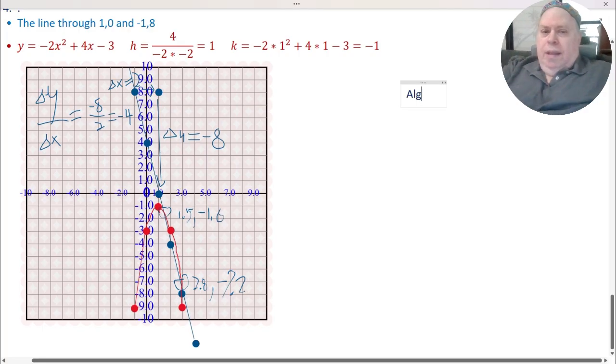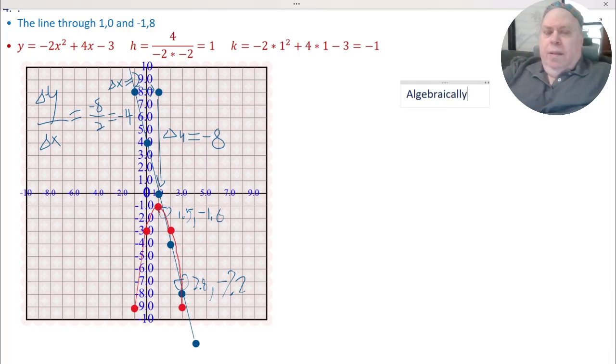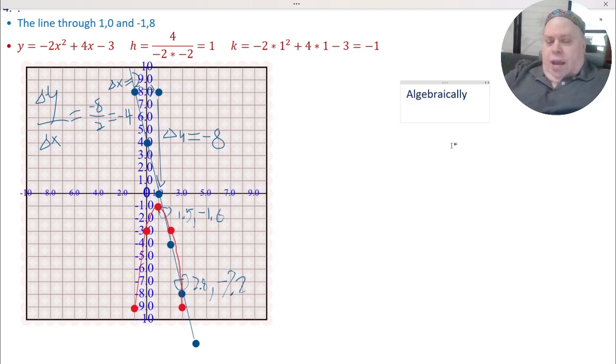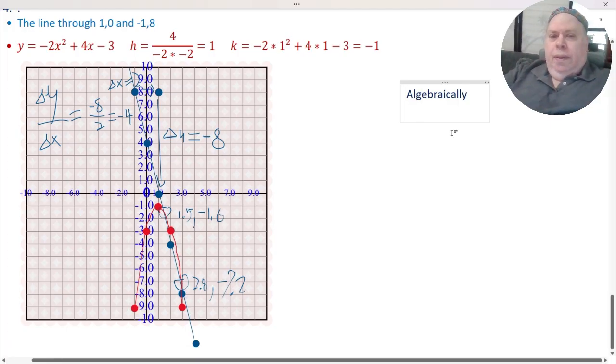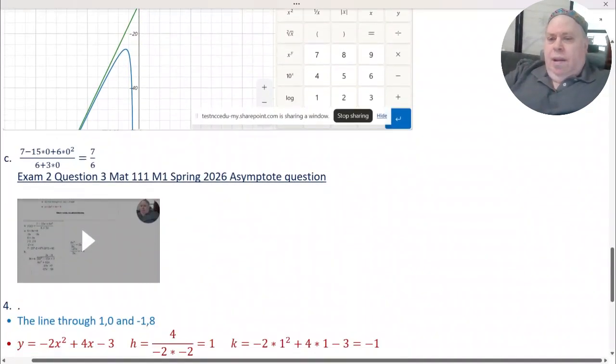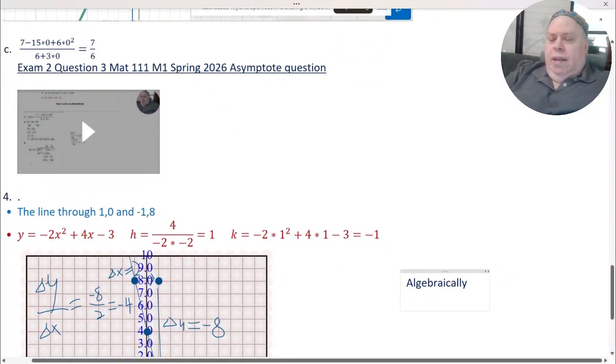So algebraically, okay, we're going to find the formula for the line first.